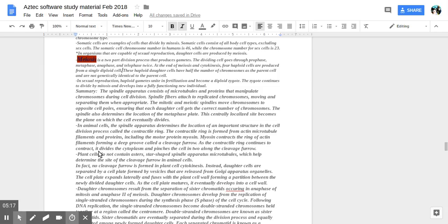So basically, meiosis is for the purpose of recombination of genetic material of the two parent cells into a zygote cell, or the offspring cell.